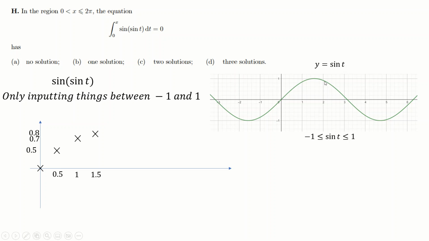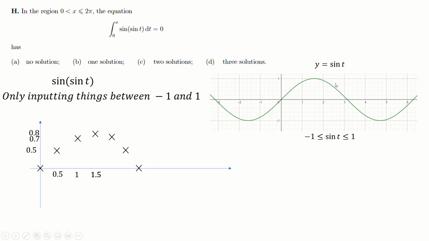And then if t is 2, sine of 2 is like 0.9, and then sine of 0.9 is like 0.7 or 0.8, as we said. And so it goes back down until you get down to pi, and at pi, sine of pi is 0, and then sine of 0 is 0. So we end up with basically exactly the same curve as we have here. This is not looking very symmetrical, but whatever.